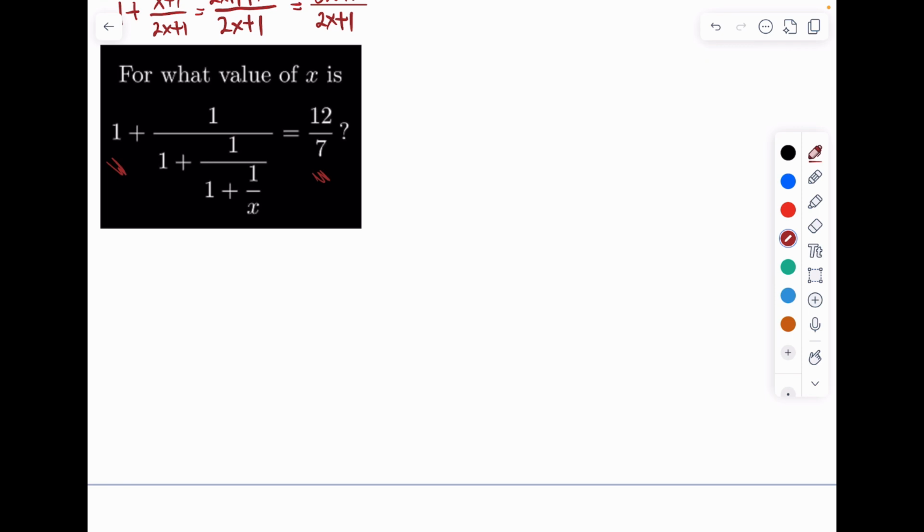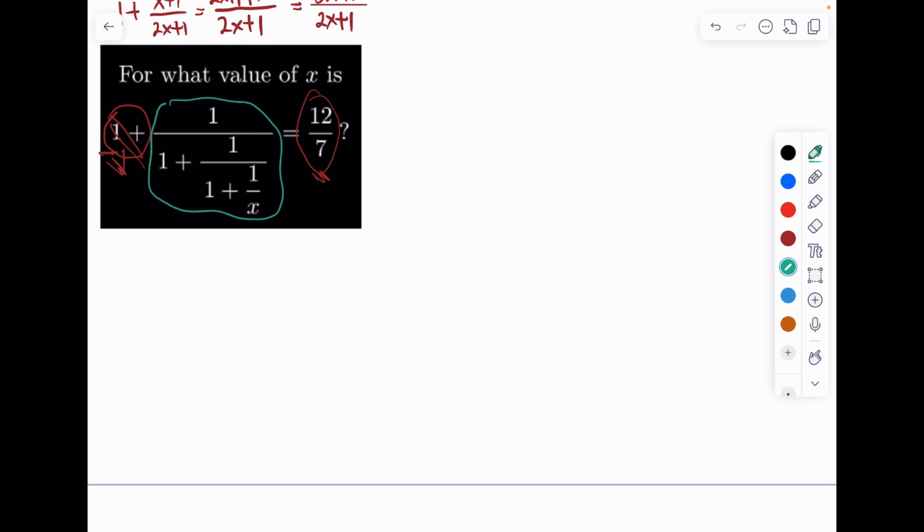So the first thing that we can do is subtract this from 12 over 7. Let's go ahead and do that. Since we will be subtracting 1 here, this will be 0. This will be gone, so the only thing left would be this part right here.